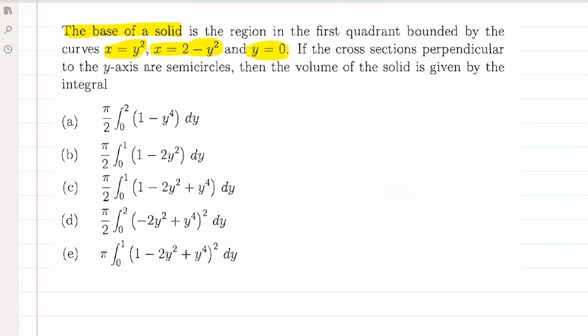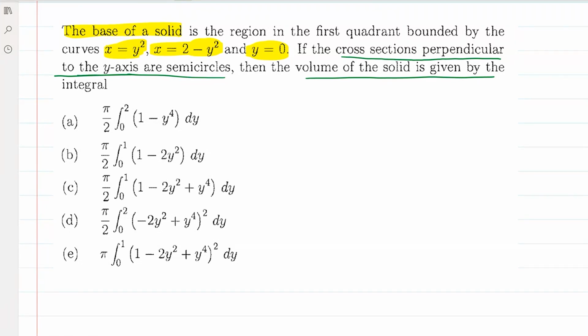The cross sections perpendicular to the y-axis are semicircles. So he gives you the shape of the cross section area. Then what is the volume of this solid? Is it A, B, C, D, or E? You have 3 minutes. Try to solve this question.